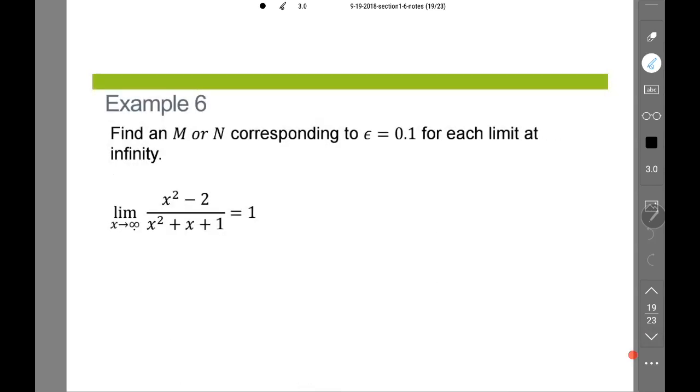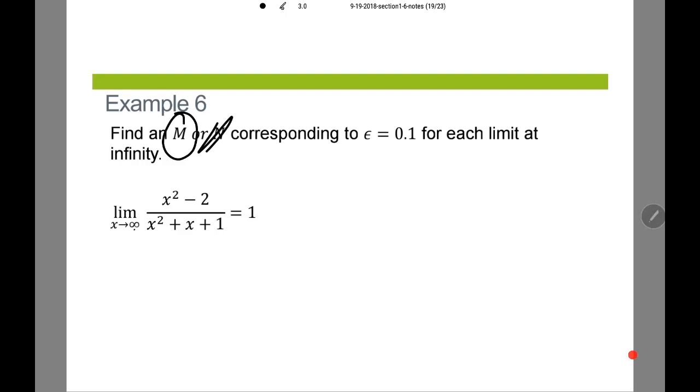Alright, in this limit I'm going towards infinity, and I need to find an m value or an n value that goes with an epsilon of 0.1. Since I'm going towards positive infinity, I don't need the n value, I need the m value.